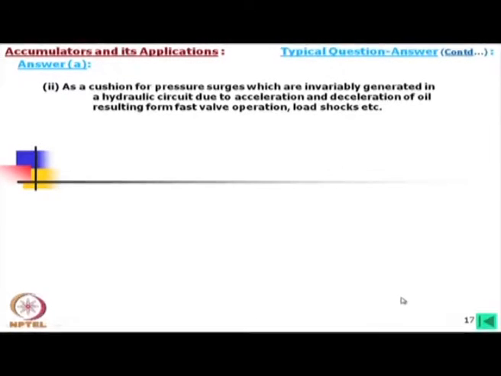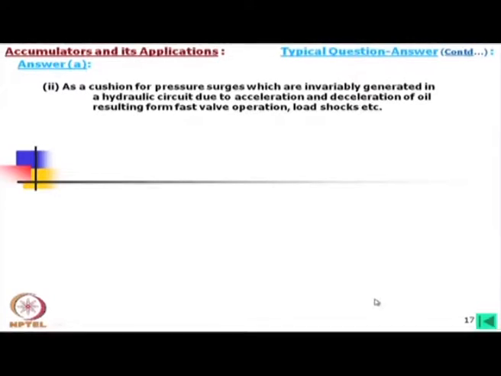Then another application: as a cushion for pressure surges which are invariably generated in a hydraulic circuit due to acceleration and deceleration of oil resulting from fast valve operations, load shocks, etc. That means the accumulator is used for reduction of pulsation.